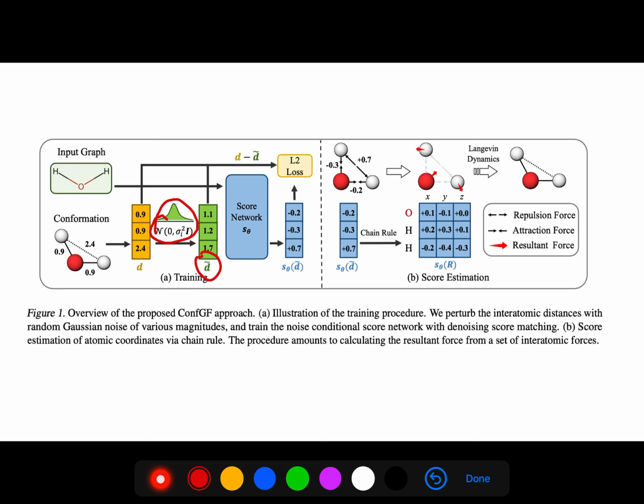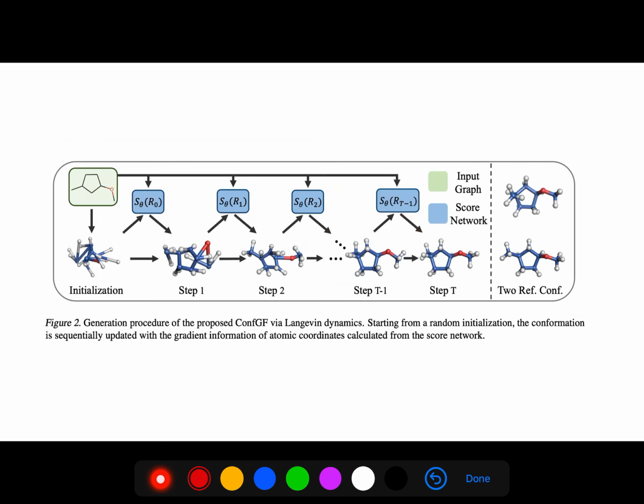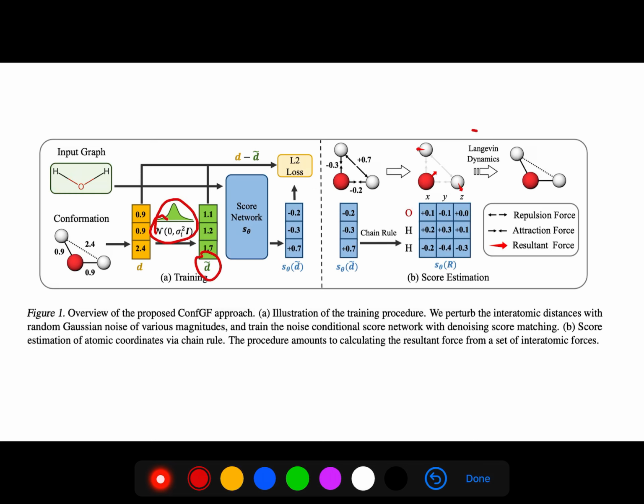And then they do the score estimation of atomic coordinates via this chain rule that I said. So once they get the score, as I said, they use Langevin dynamics, and this is a score estimation.